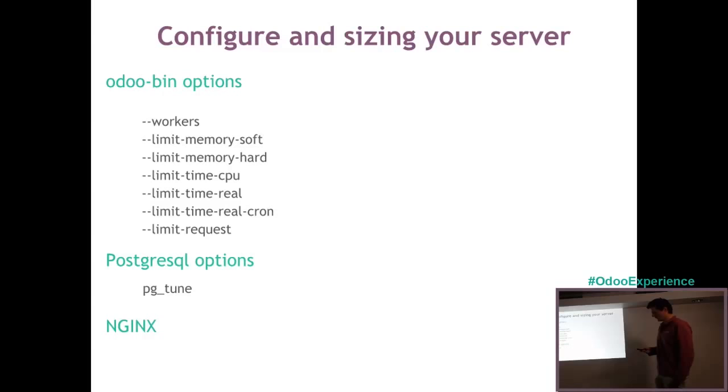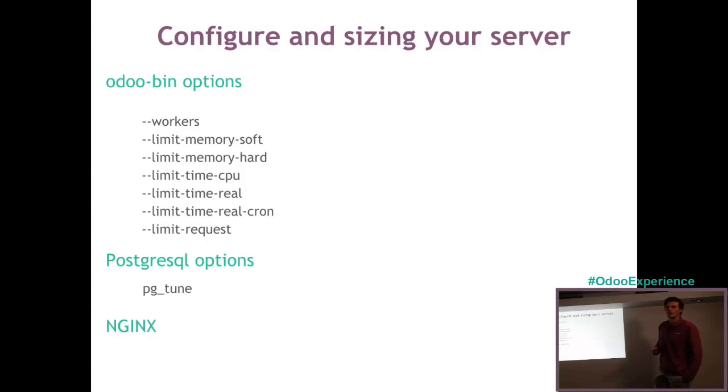The first option perhaps I will see here is the workers. I can activate the workers mode. Perhaps some of you don't already know what it is, but I often see people don't really understand the workers. Sometimes people believe that to activate it, you just have to write true or one.